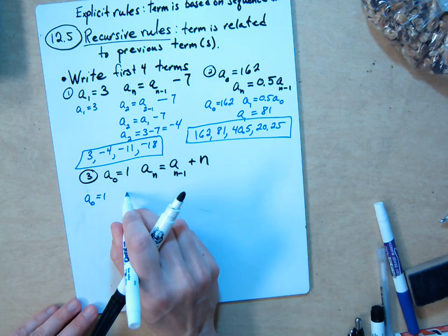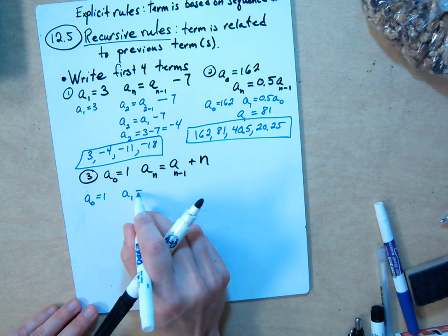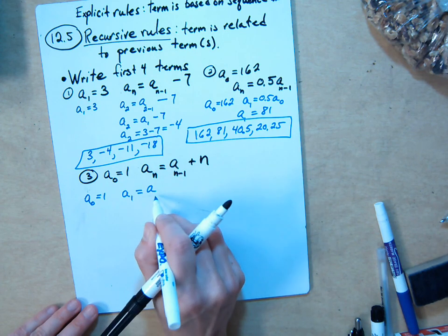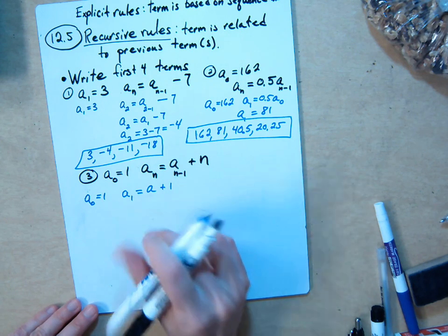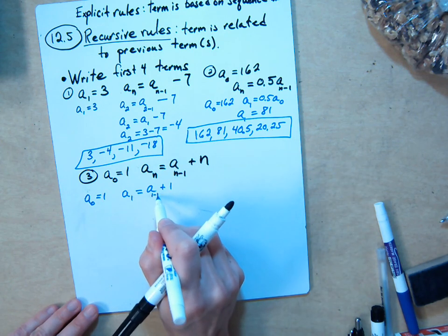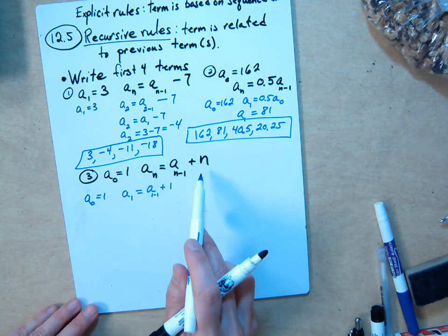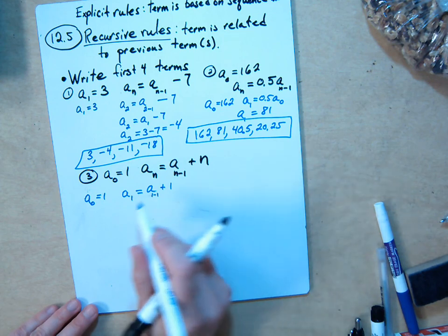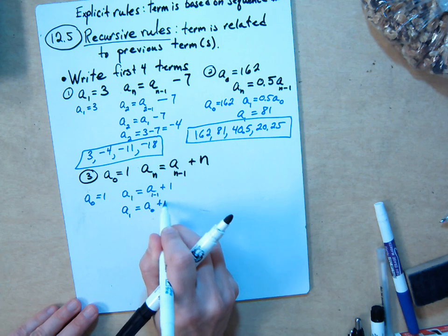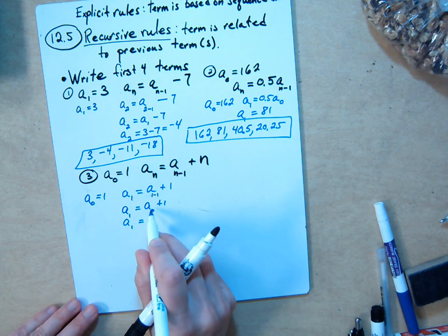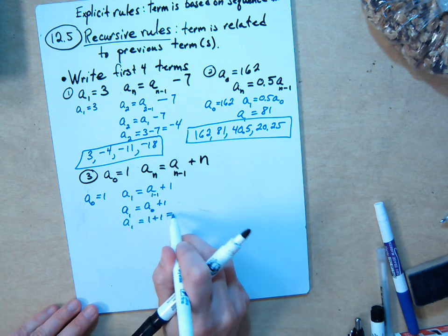And now let's plug in a sub 1 equals a sub 0 plus 1. Or I'm going to write it all out first. A sub 1 equals a sub 1 minus 1 plus 1. If you literally just plug in 1 wherever you see an n, everything will be okay. So a sub 0 plus 1. So a sub 1 is, well, what is a sub 0? That's 1. It's over here. 1 plus 1, which is 2.